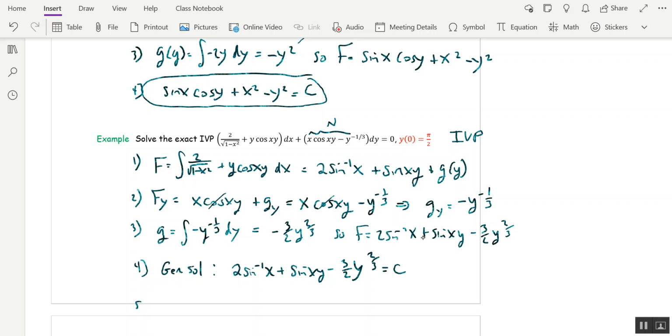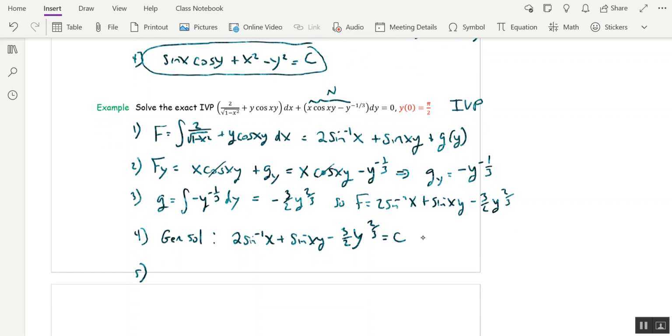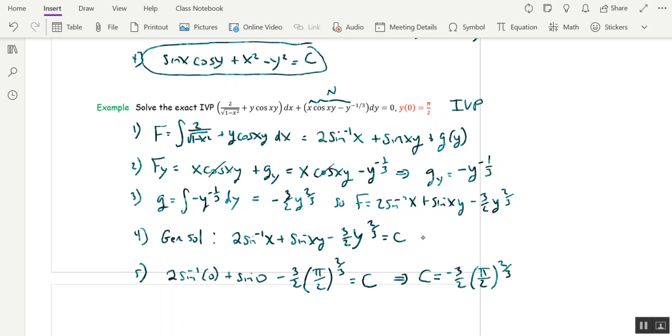All right, and step 5, now I'm going to use the initial condition that y of 0 is pi over 2. So everywhere I see an x, I put in a 0. Everywhere I see a y, I put in a pi over 2. So 2 sine inverse of 0, which is 0, plus sine of 0, which is 0, minus 3/2 pi over 2 to the 2/3 equals C. So that tells me that C is negative 3/2 pi over 2 to the 2/3.